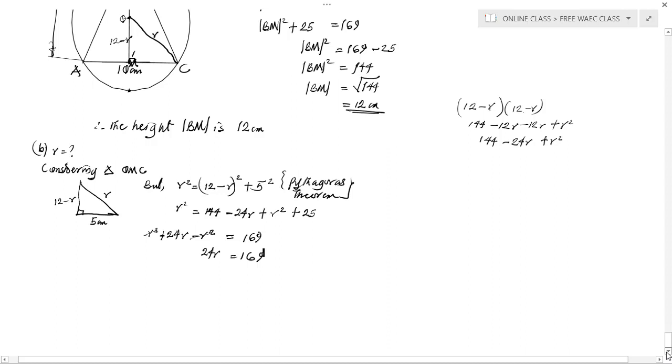We have R equals 169 over 24. If you divide this very well, you get 7 whole number 1 over 24 centimeter, and you can change it to decimal. Is that okay? I believe that is quite alright with you.